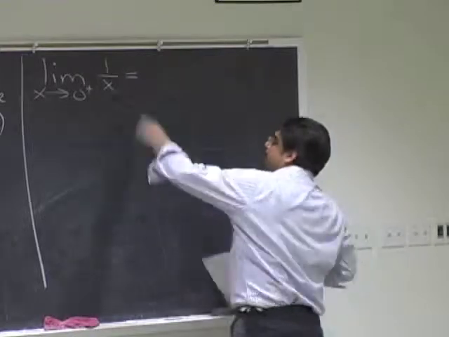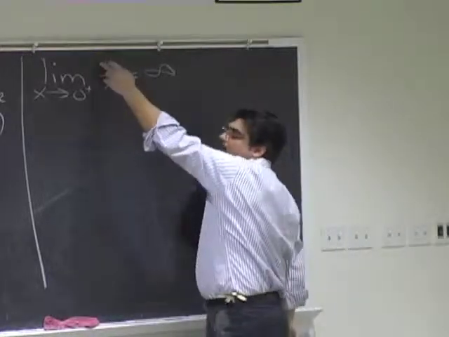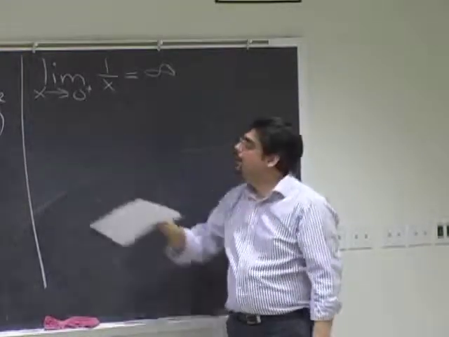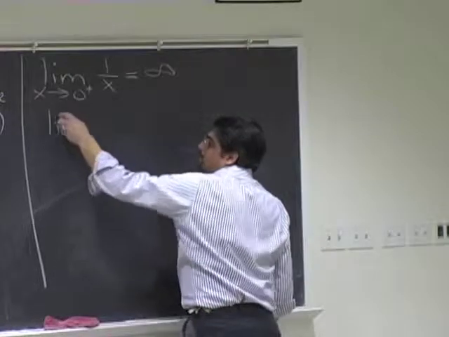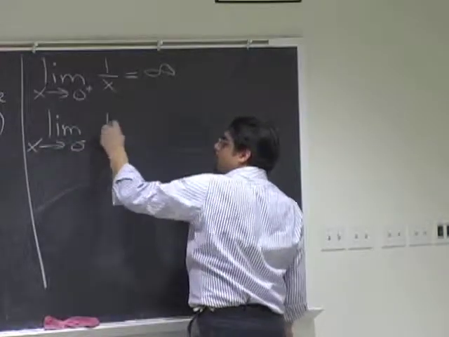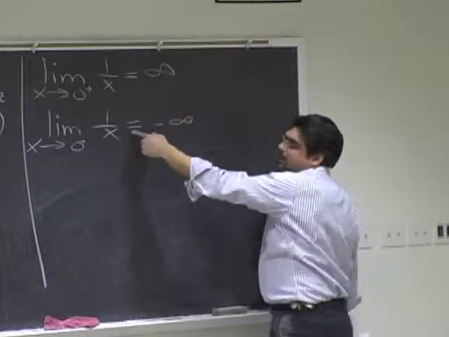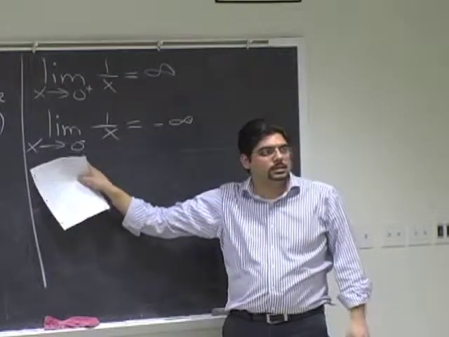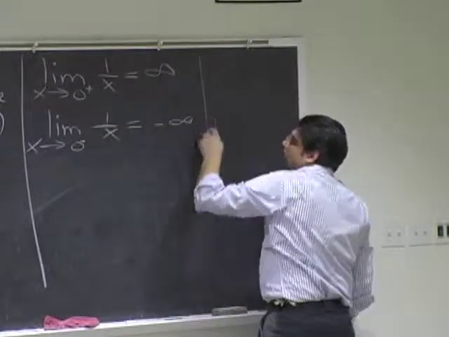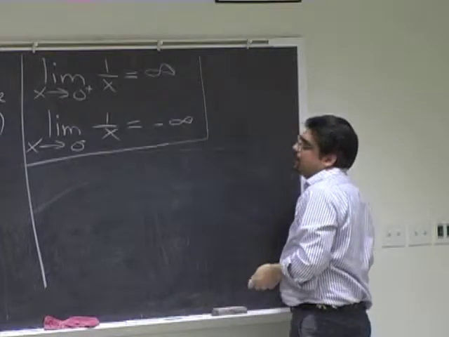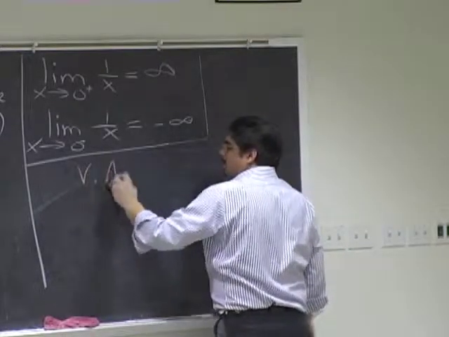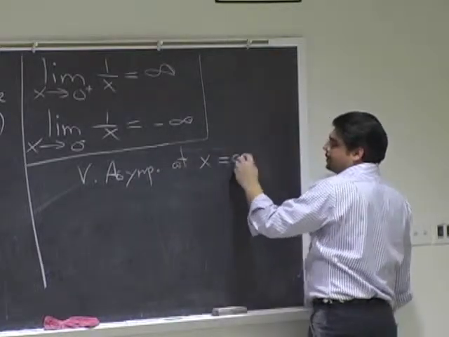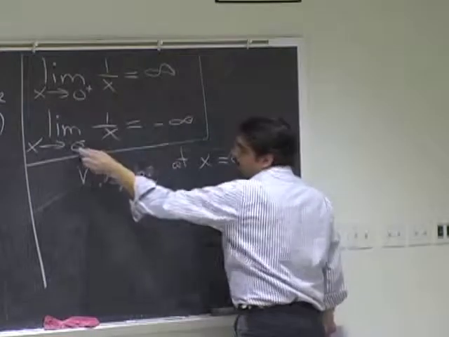And actually I can make 1 over x as large as I want. All I have to do is make x really, really small but positive. So if I want, I could make 1 over x less than anything I want if I make x close enough to 0 but less than 0. Now these two limits together tell us that we have a vertical asymptote at x equals a. Well, a being 0, so at x equals 0.